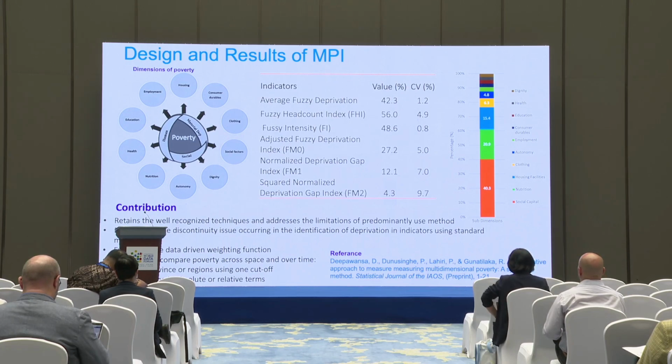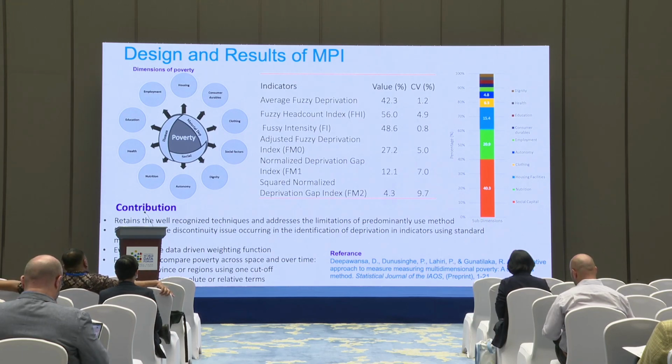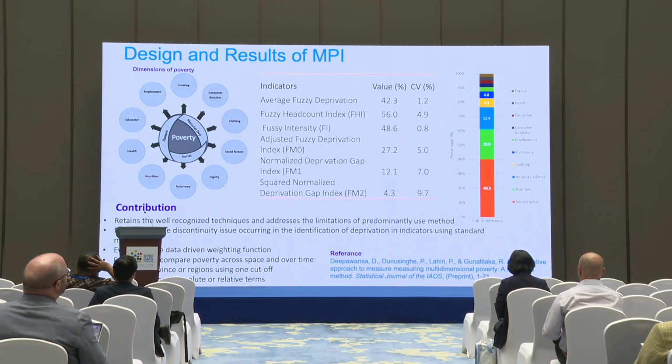These indices can be used for empowerment policies and to reduce inequalities among people based on fuzzy intensity, normalized deprivation gap, and squared normalized deprivation gap index. And it can be decomposed by socio groups and various subgroups. These indices also can be used as an instrument for budget allocation, considering the contribution of poverty by dimension and indicators to total poverty.